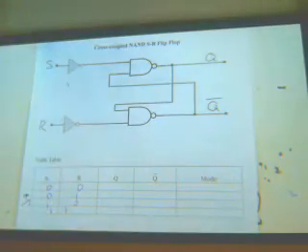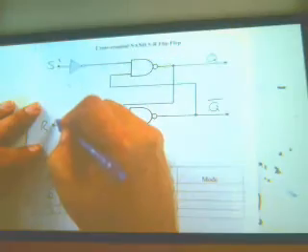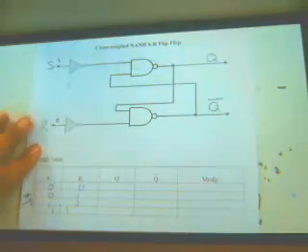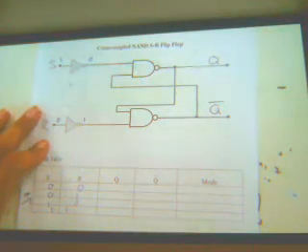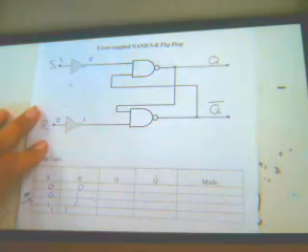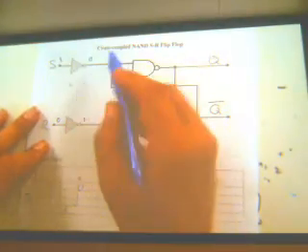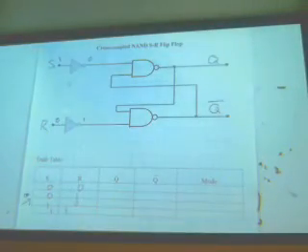Okay, let's go when S is 1. So now we have an input of 1 and an input of 0. Correct? So we have the inverters. 0, 1. Now we're into a NAND gate. Okay, as that 0 goes into an AND gate, what did we find out last week?